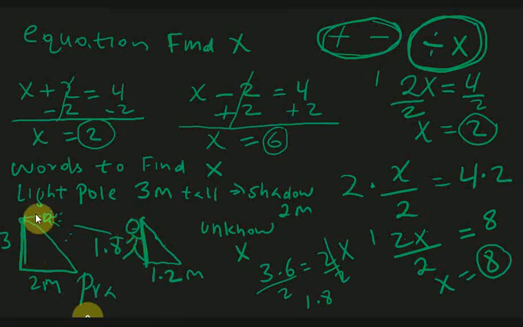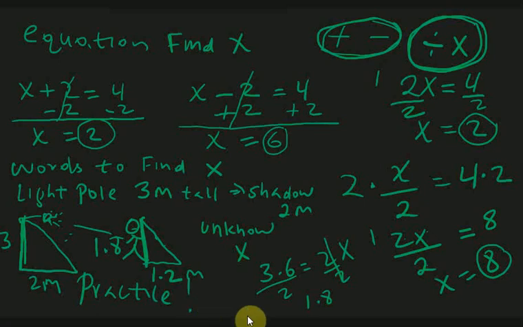The light bulb is 3 meters. The shadow it creates, the base or the floor shadow, has a length of 2 meters. 1.2 is the shadow the person created, and the person is 1.8, right? So more practice, that's perfect.